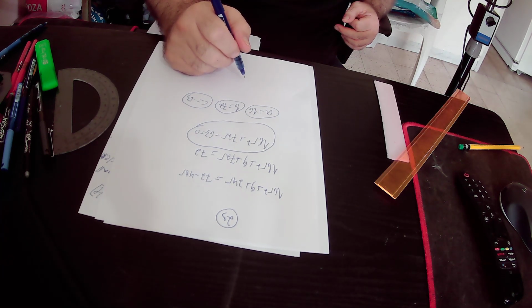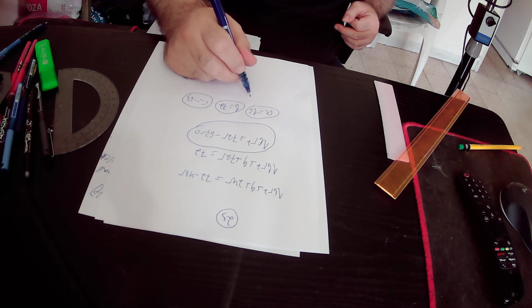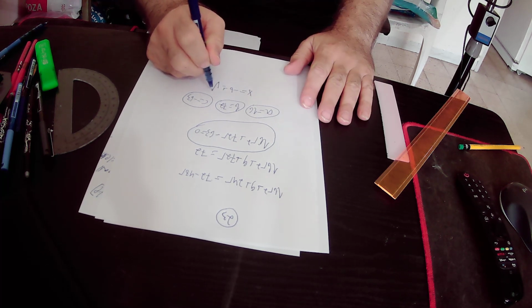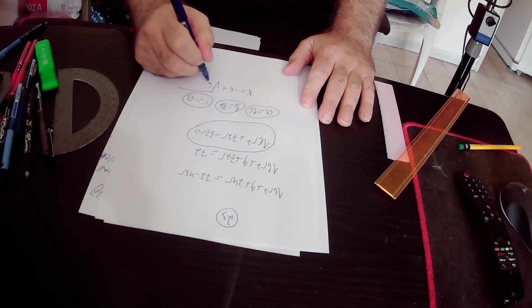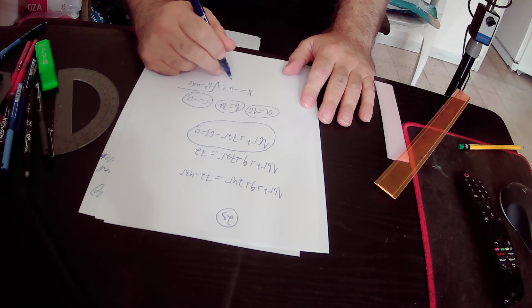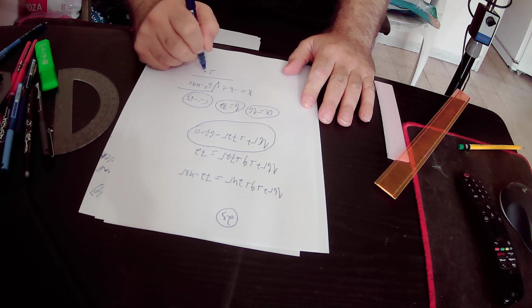And the solution for a quadratic equation is x equals minus b plus minus root of b squared minus 4 times a times c over 2a.